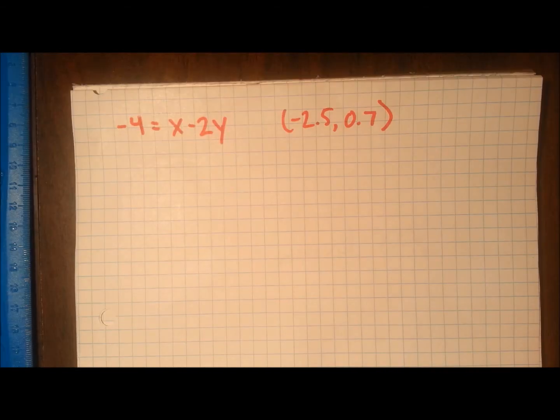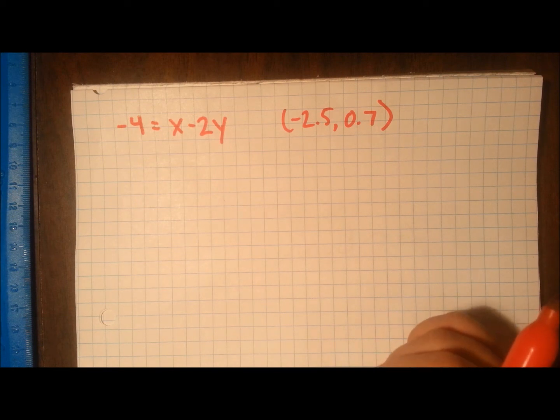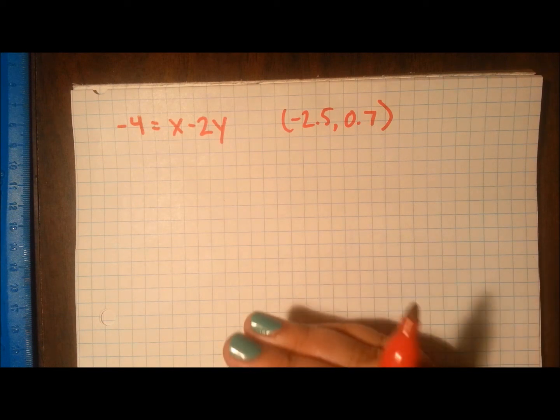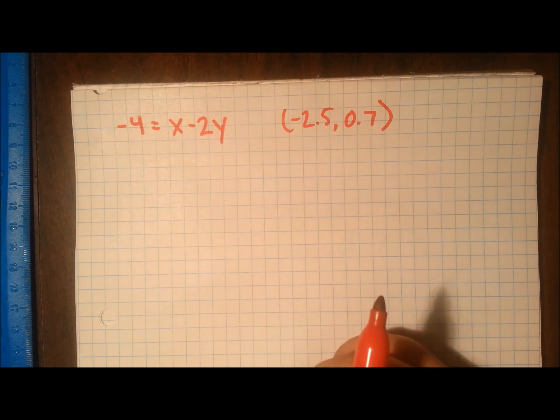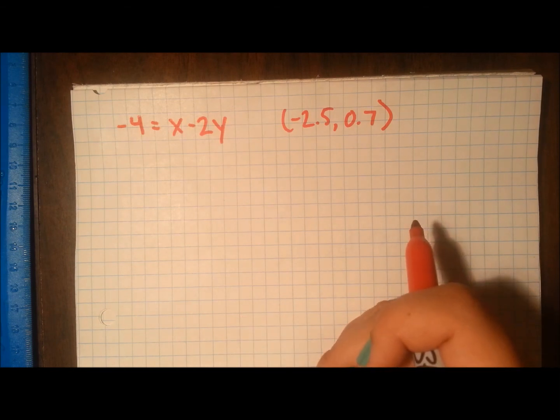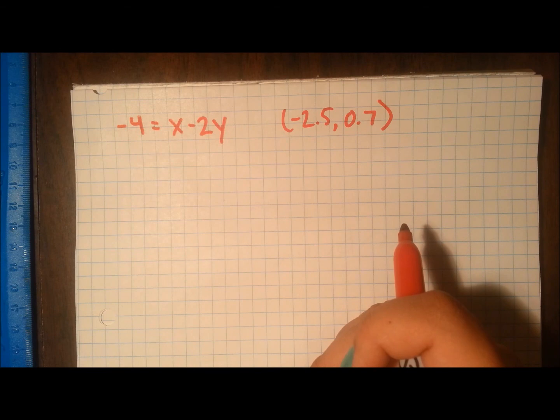So sometimes you're given an equation and an ordered pair, and you're asked to determine if that ordered pair is part of the line. And oftentimes with these types of problems, they'll give you a graph with the equation already graphed.